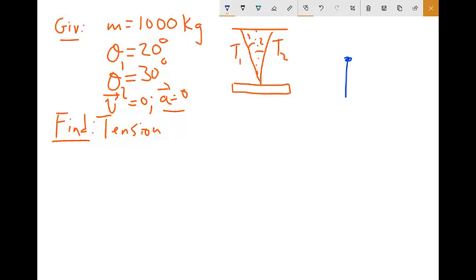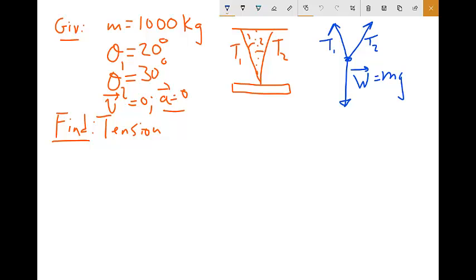This object is going to have a weight, which I'm going to call just W. Right, that's pointing downwards, and it's equal to M times G. There are two tensions. One of them is going up like this, T2, and the other one is going up like that, T1.